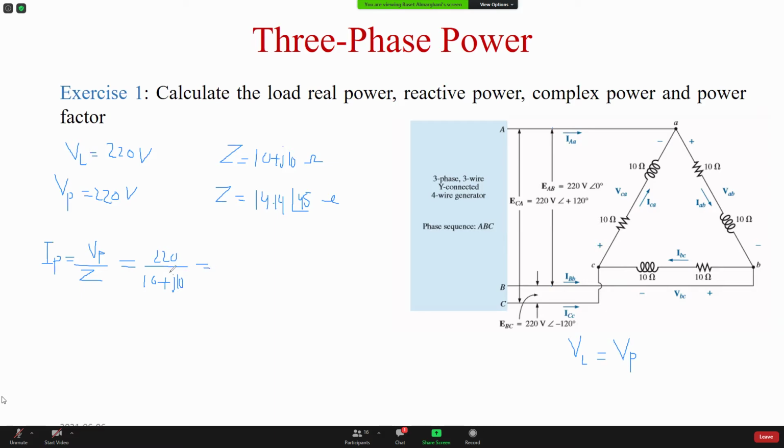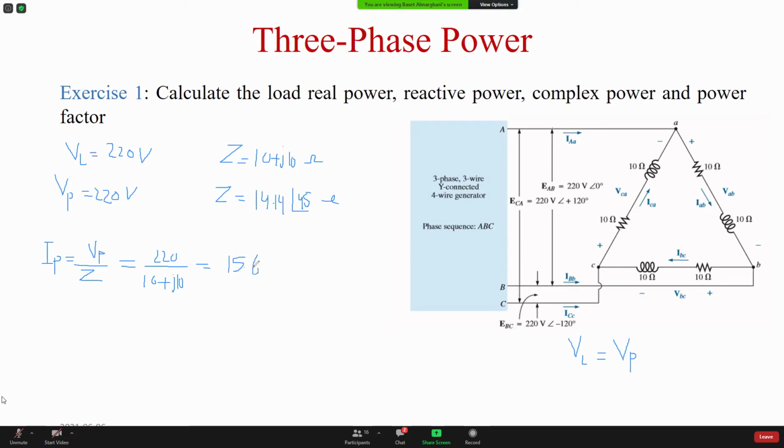And I only want the magnitude. Can anyone give me the answer for this? 15.6.